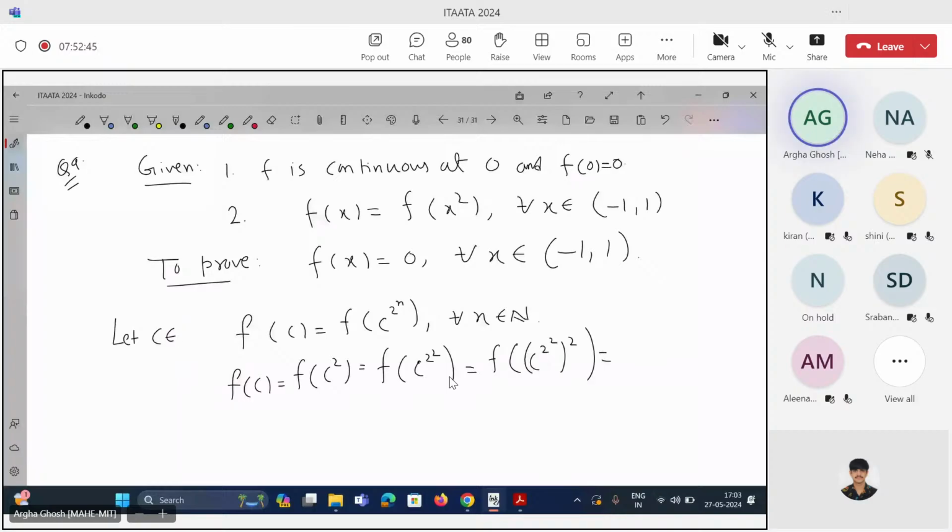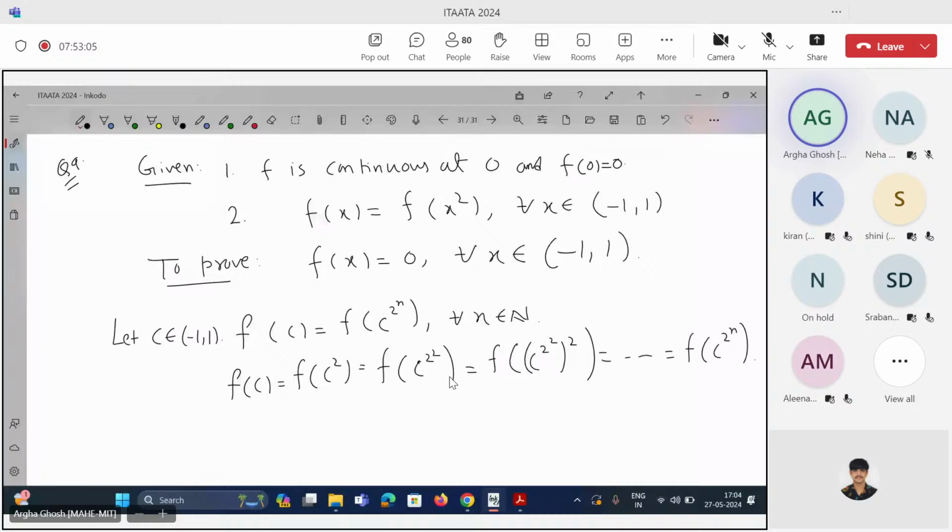If you go on in this way, so f of C to the power 2 to the power n. Now use the fact that C to the power 2 to the power n converges to 0. If n tends to infinity, 2 to the power n also tends to infinity.